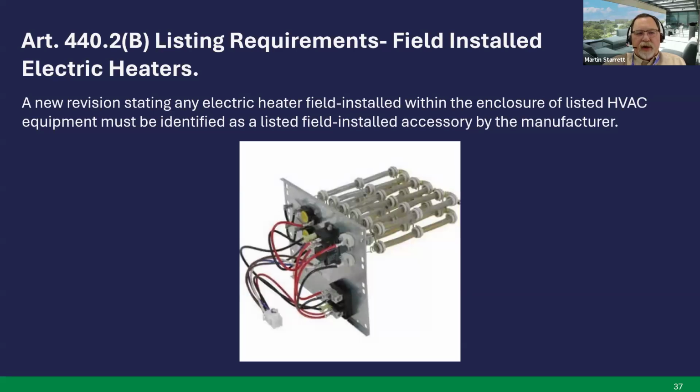This is for field installed electric heaters. So us electricians, we're going to have to get with our fellow mechanical contractors and make sure that they adhere to this. It's in our code, so it's part of our inspection, but they're the ones that usually install it. So we'll have to have some discussions with them.